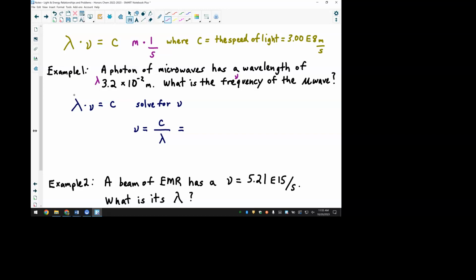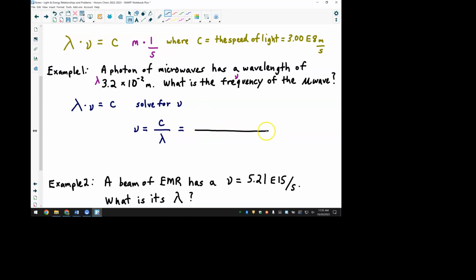You with me? Okay. And so what I like to do, I always like to solve for the variable that I'm asking for, and then I plug in the numbers. And because there's a lot of units here, I'm going to use the factor label method to set this up. Again, factor label method is very good for solving problems where there are units. So let me set this up.